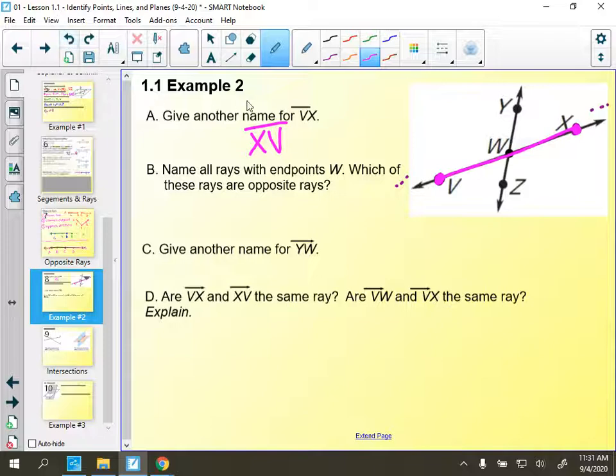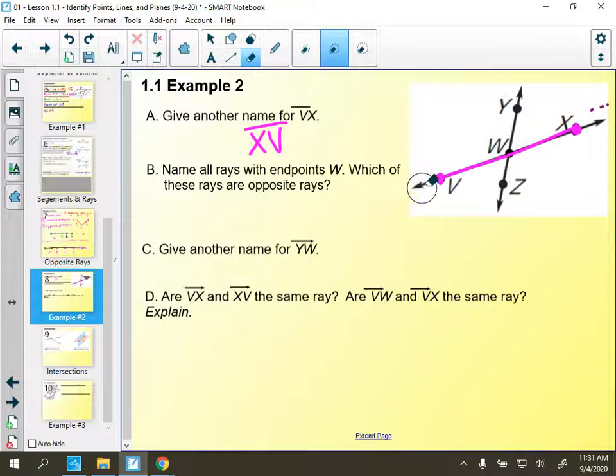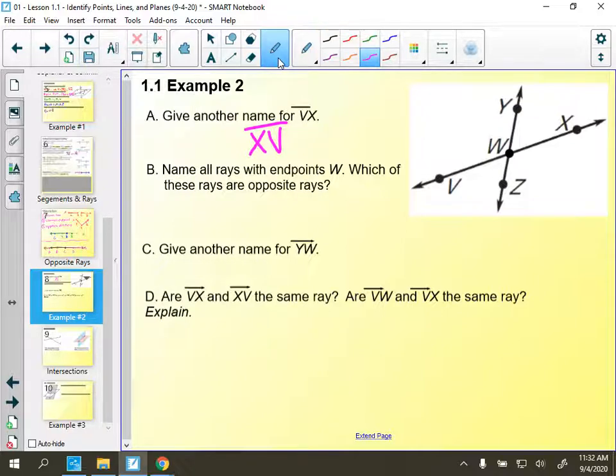If I were to look at part B here, it says name all rays with endpoint W. We're kind of starting in the middle. Endpoint W. It looks like I've got a ray going this way. I've got a ray starting at W going this direction, a ray starting at W going this direction, and a ray starting at W going this direction. So if it wants me to list all rays with endpoint W, it looks like I've got 4, as I've colored them here, 4 different rays.